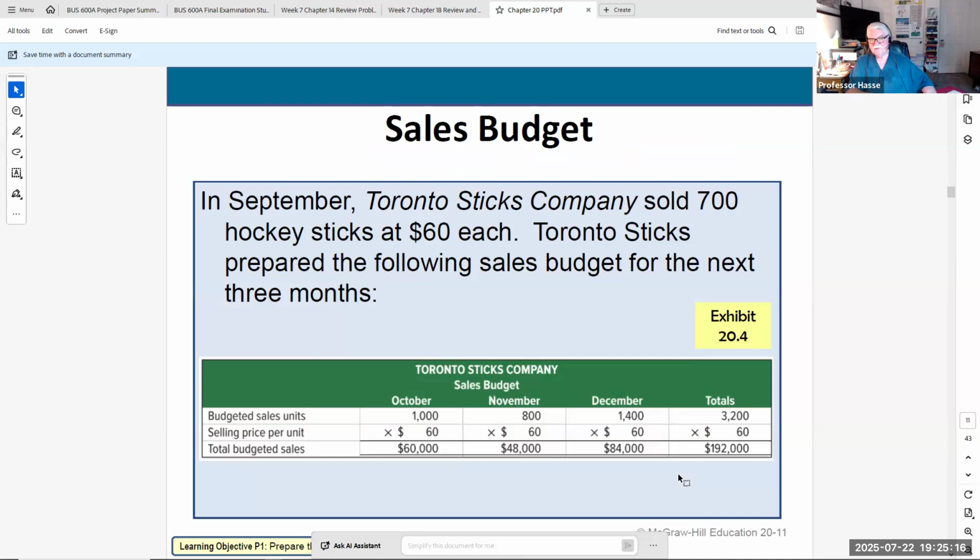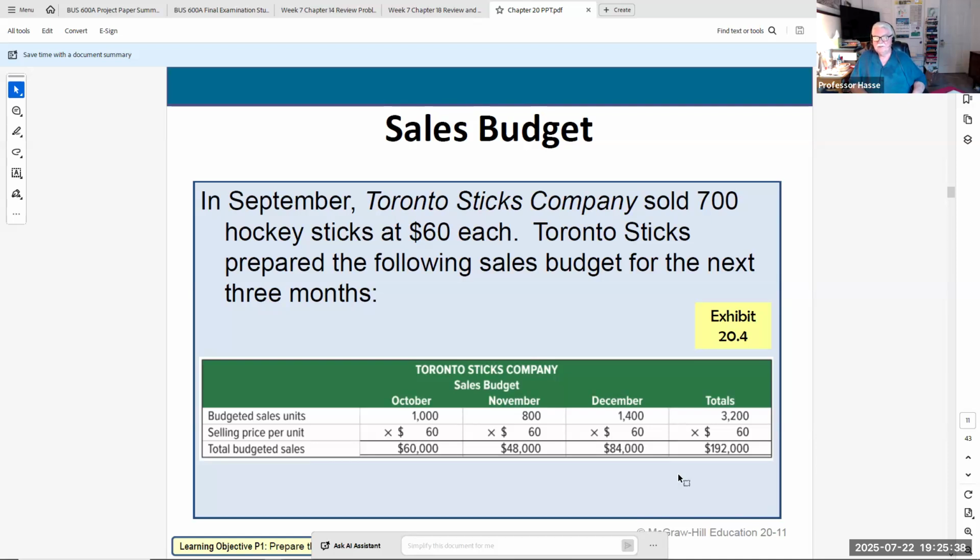Here's what we plan. Notice in this company here, December is when you're selling most of these hockey sticks. Why? It's the wintertime. More people are playing hockey. We all have different cultures within our companies that drive the budget. Some companies, their budgets are high in the summertime when people are on vacation or doing traveling.